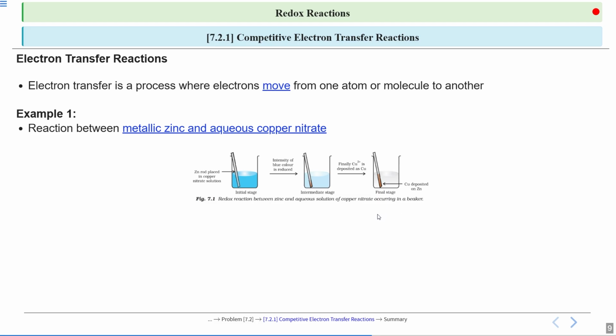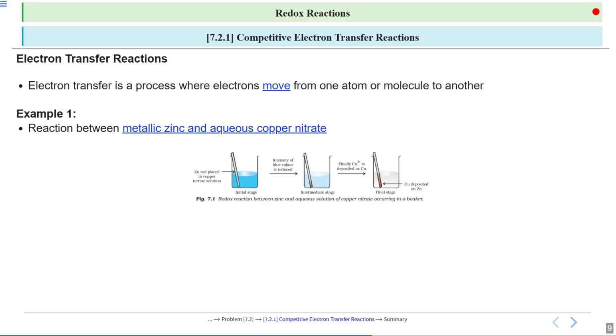So what can we conclude here? We can conclude that some brown substance has been deposited on the zinc rod, and this reaction has also resulted in a clear solution, which was previously blue.